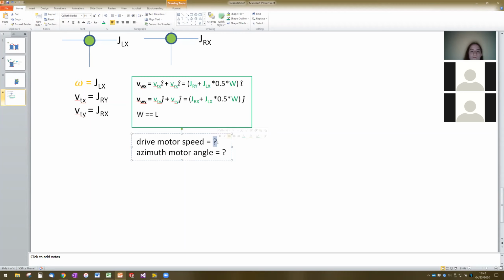And so you can calculate the wheel speed that you need as the square root of the x component squared plus the y component squared.